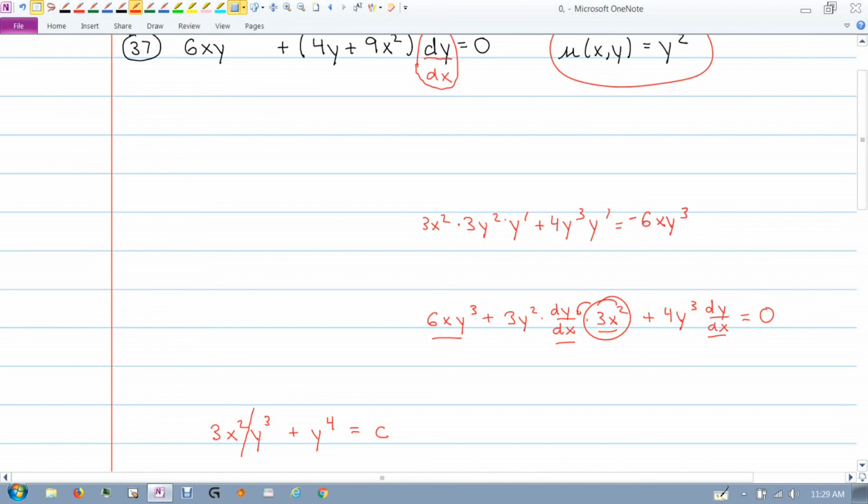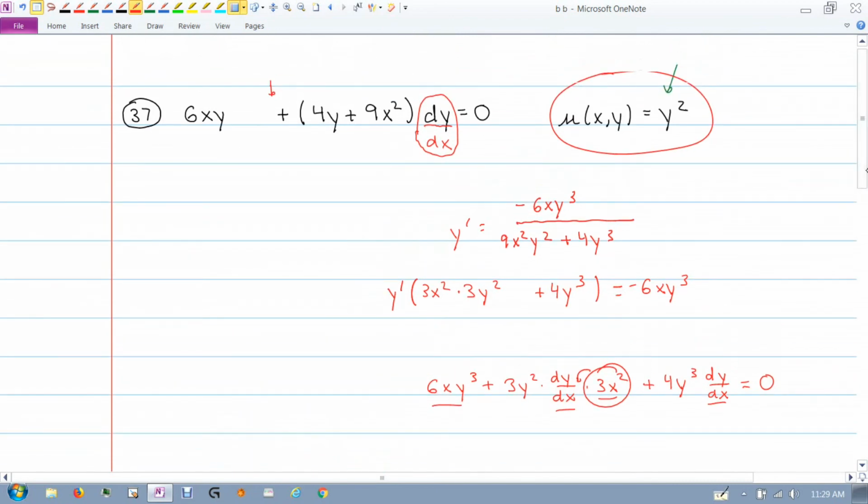Then I factor out a y prime, and then I divide through. So y prime equals negative 6xy cubed over 9x squared y squared plus 4y cubed.